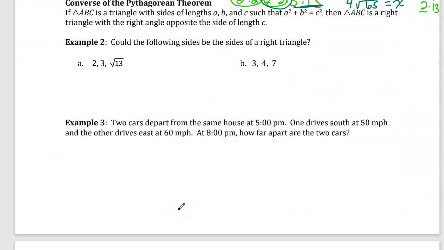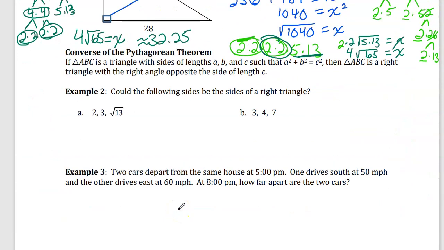Now, we have a converse of the Pythagorean Theorem. And that says if triangle ABC is a triangle with sides of length a, b, and c, such that a squared plus b squared equals c squared, then triangle ABC is a right triangle with the right angle opposite the side of length c.